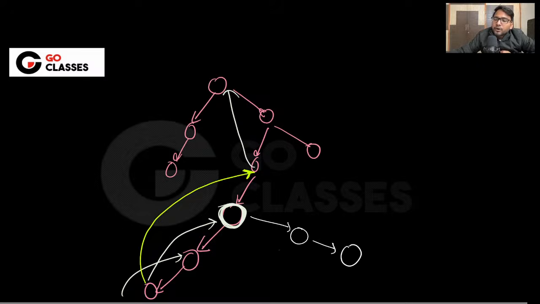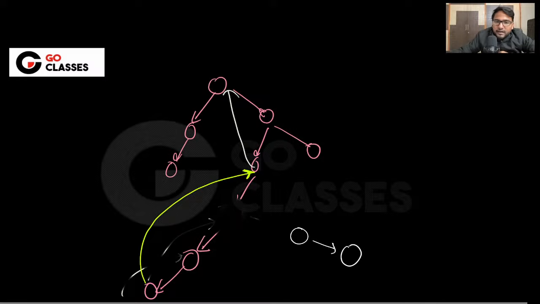Let's suppose that you also have this, this is the complete graph. You also have one subtree which satisfies this property, which means there is no direct edge from descendant to ancestor. So if you remove this, will it disconnect the graph? What do you think? Yeah, the graph is disconnected, isn't it?